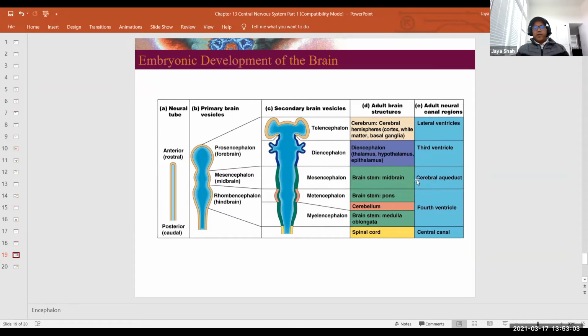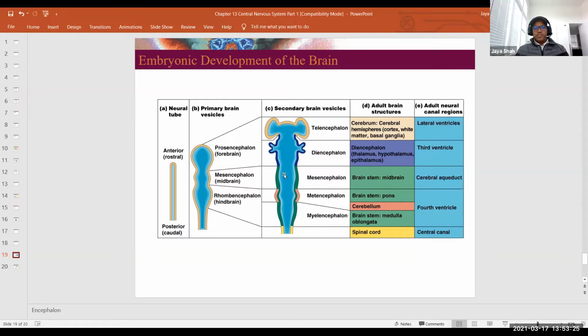Mesencephalon contains part of the brainstem, which is the midbrain. Metencephalon gives another part of the brainstem, that is the pons, and cerebellum. And myelencephalon, these are big names, so you have to write them down several times to understand them. That is brainstem, medulla oblongata, and then the continuous yellow part is the spinal cord.